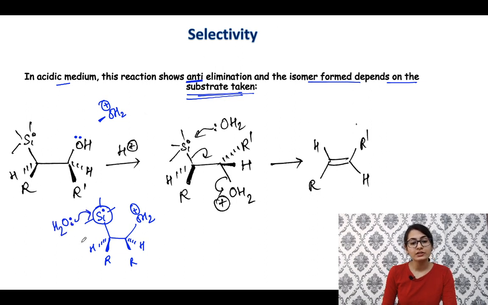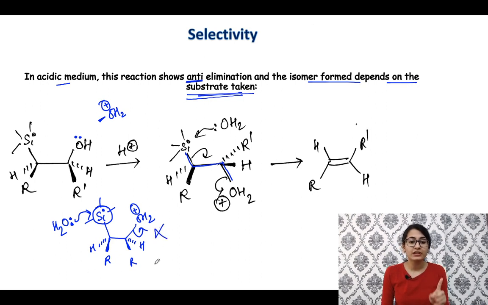Water has oxygen, and oxygen is a hard nucleophile once again, and the protonation of this OH2, which is a very good leaving group, is going to drive this reaction. So when water attacks the silicon and this OH2 leaves, it has to take place from the anti-periplanar position, something like this. This is not going to be favored. Why?